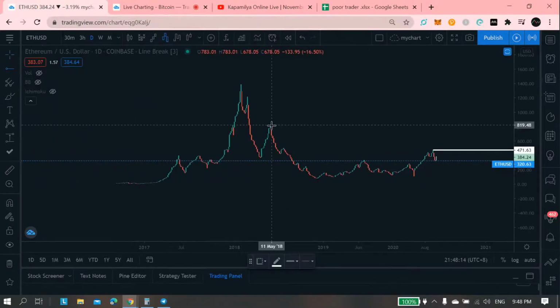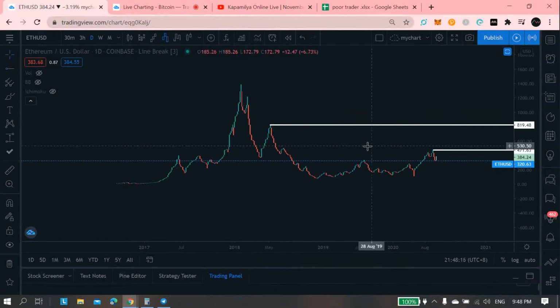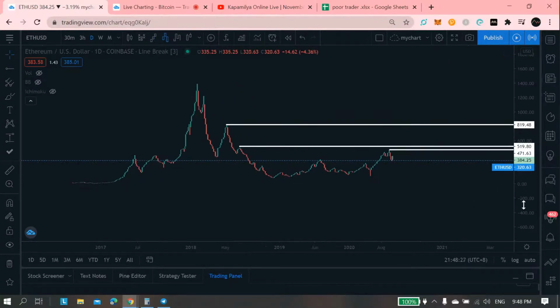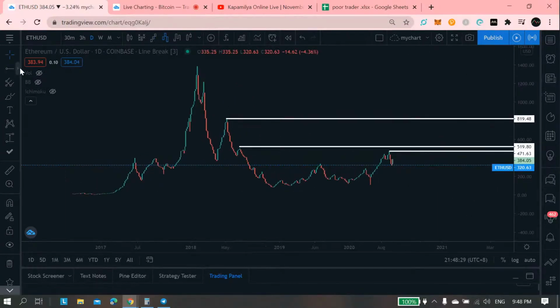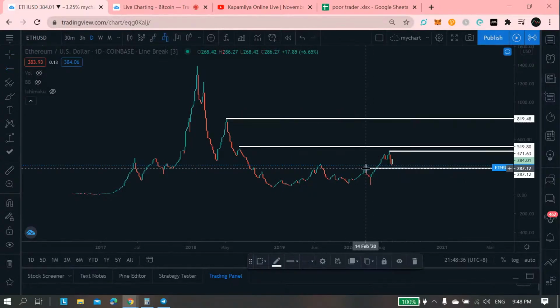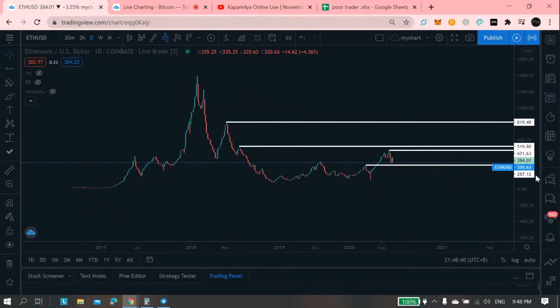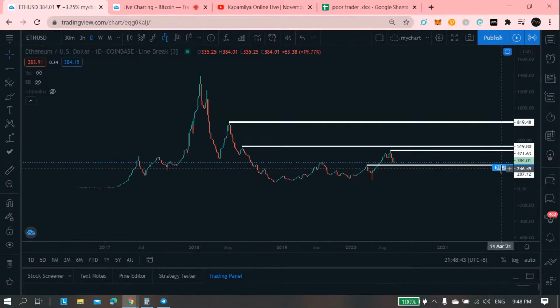And the next resistance is this area. But before that, this one first, around the 500 area. So let's see how it goes for Ethereum. But of course, the support I'm looking at, if ever it reverses, is the 287 area.